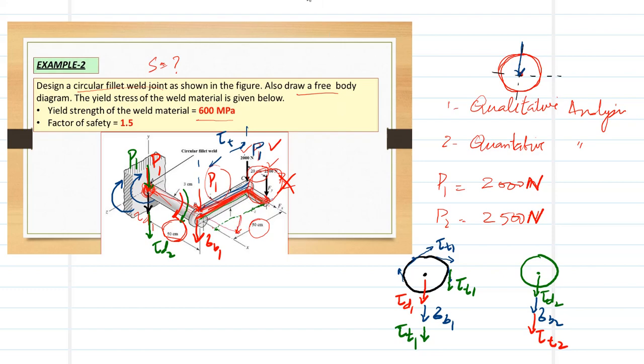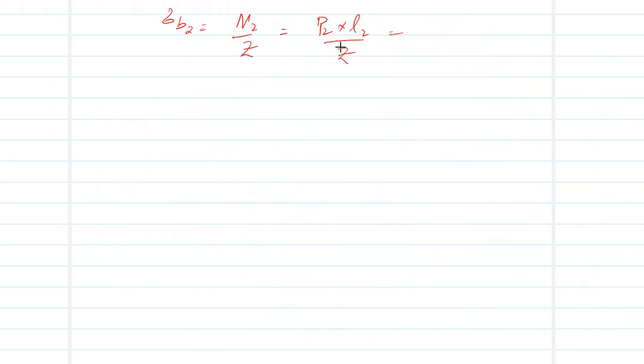So the load is 2500, and L is 500 plus 200, that is 700, for the case of bending, divided by Z, which is pi into 0.707 S into d square, 30 square divided by 4.